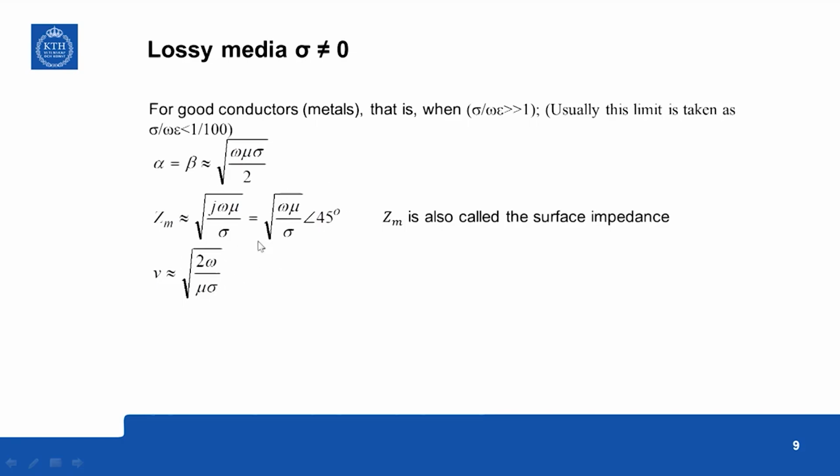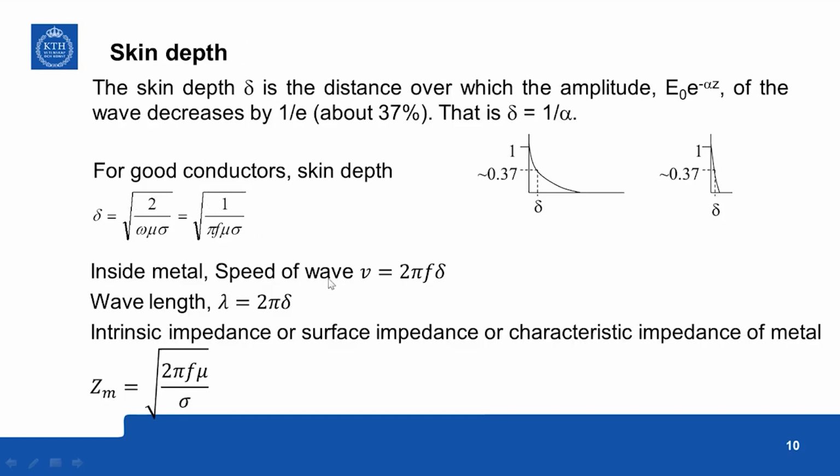Now we can look into the consequences of this. Before that, we define skin depth. So what is skin depth? You know that waves are penetrating into the metals, but it will be attenuating very fast.